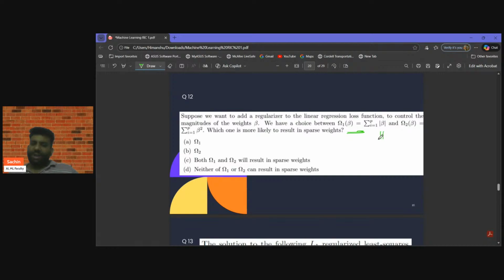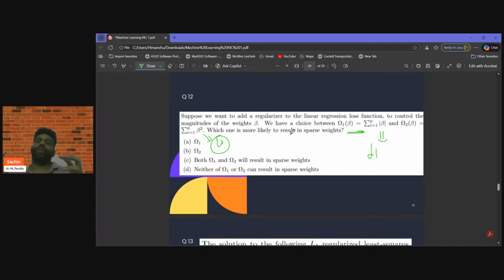This is talking about L1 regularization, and this is talking about L2 regularization. I hope you know that for L2 regularization, the intent is to shrink the weights at a large scale. And for L1, you also want to keep your weights small.